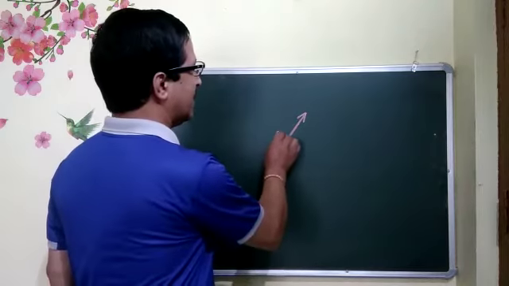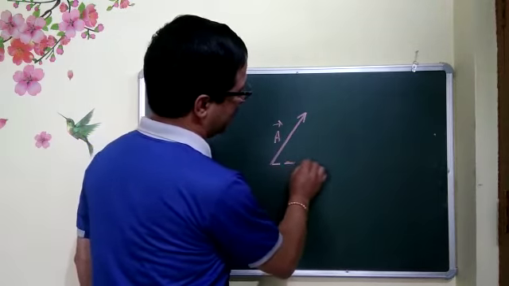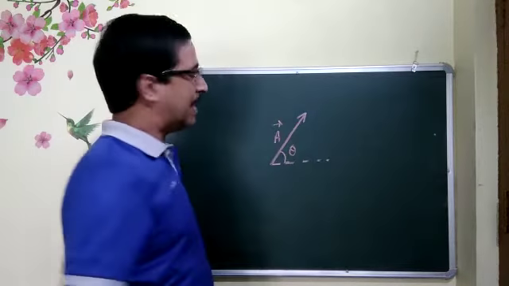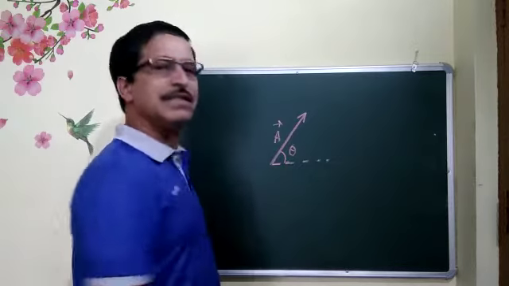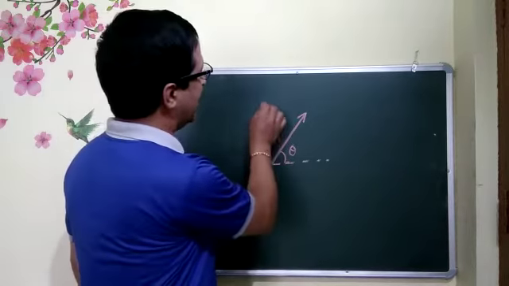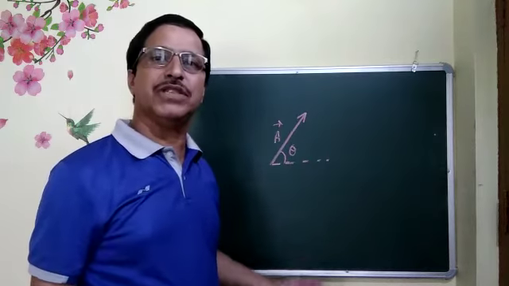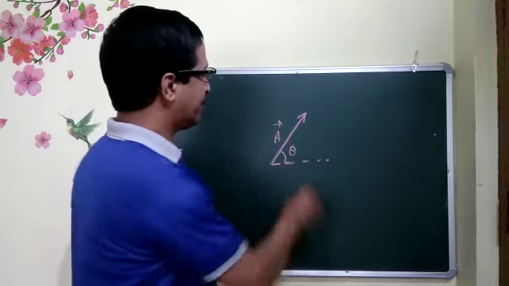Suppose this is the vector A and it makes angle theta with the x-axis. Then we will break this vector in two vectors, one along the x-axis and the other along the y-axis. This breaking is resolution of vectors into mutually perpendicular components.